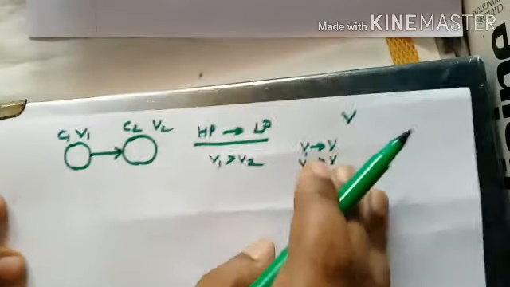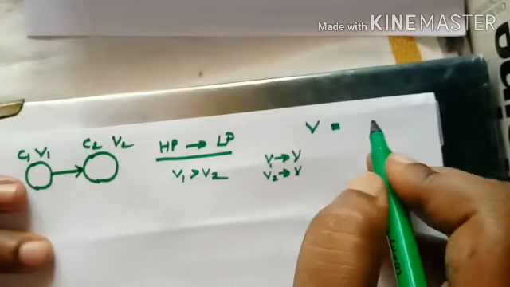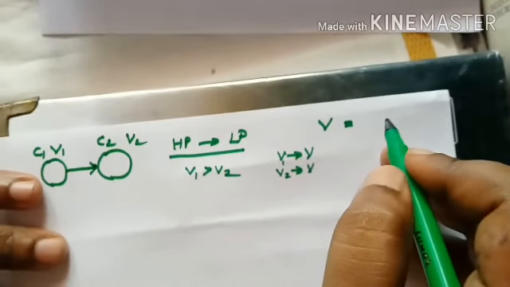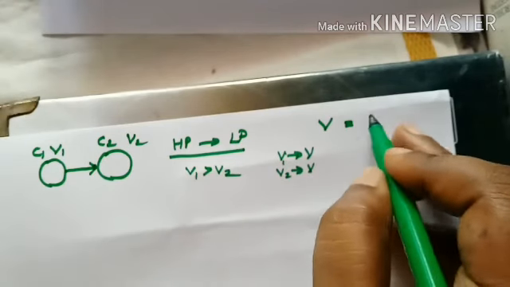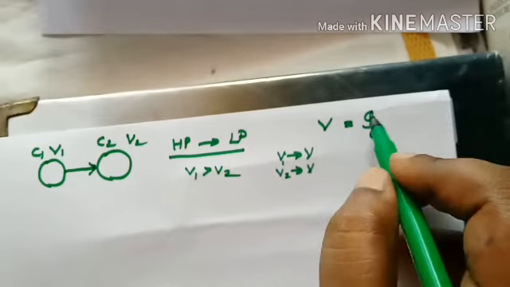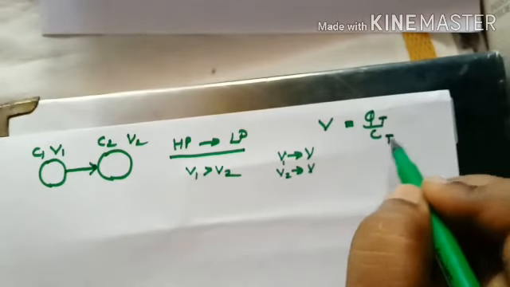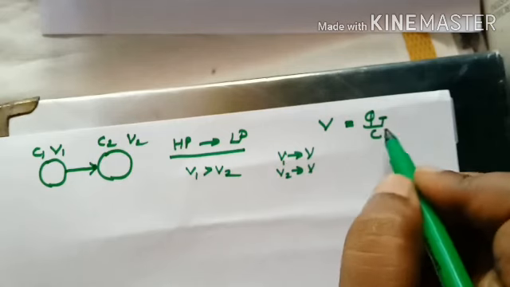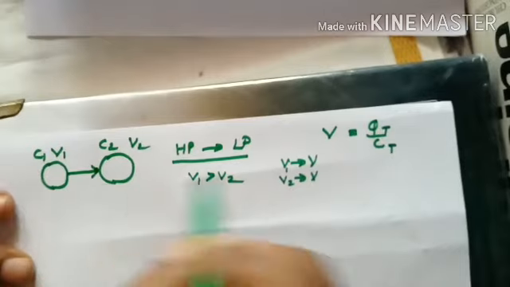Now, what is the common potential V? The common equation is V is equal to Q by C, right? Here, for the common potential, Q will become the total charge of the system, divided by the total capacitance of the system. So what is Q total?